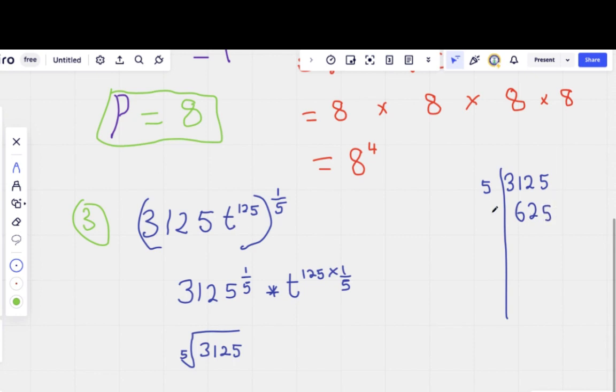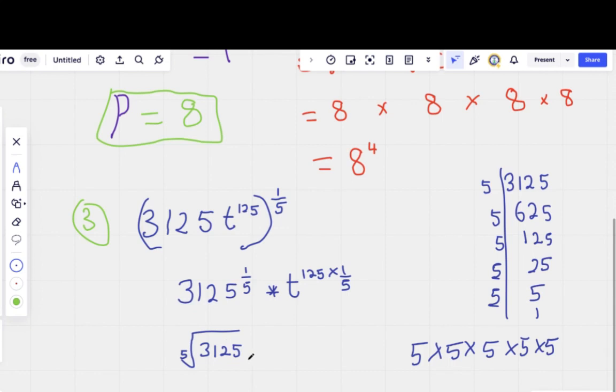Yeah. 5 goes into 25. 5 goes into 5, 1. So it's 5 times 5 times 5 times 5 times 5. So it's 5 to the power 5. So the fifth root of this number is 5.